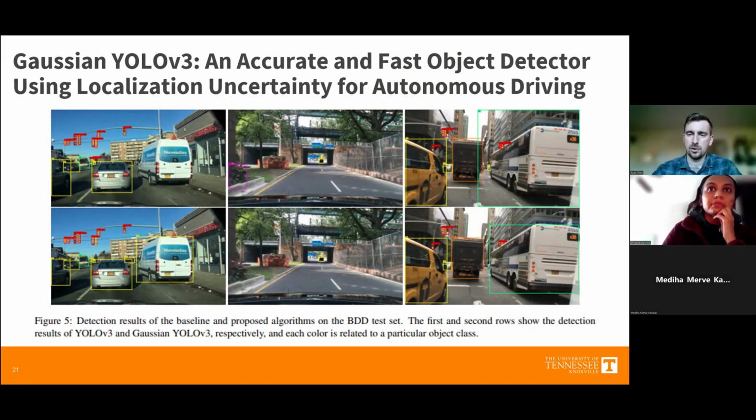Here, the researchers modified the YOLO v3 loss function to improve the average precision. You can see here the top row of images is using the stock YOLO v3 package, whereas the bottom row of images uses their modified loss function. And you can see in many of these, for example the bus here on the right, their modified version really tightens up the boundary box for each thing in the identified classes.